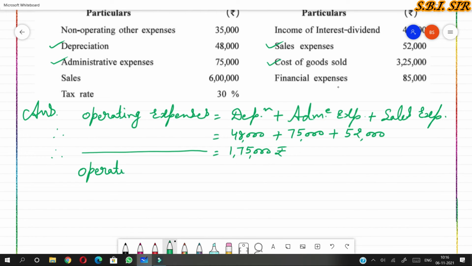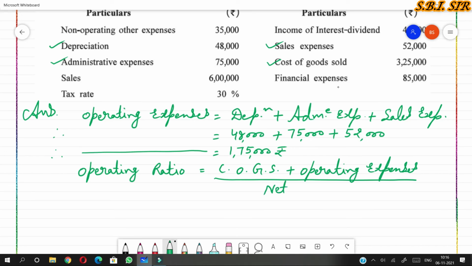Operating ratio equals cost of goods sold plus operating expenses, divided by net sales, multiplied by 100. Then COGS is 3,25,000 plus operating expenses we have found, 1,75,000.